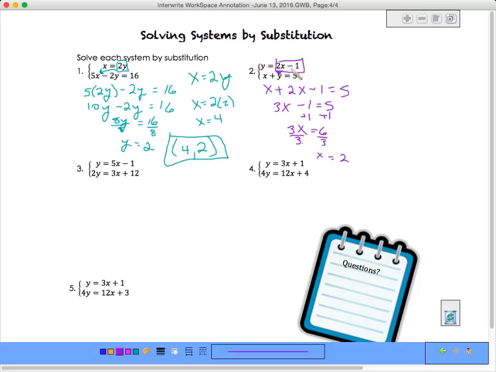And then I can plug that back into either equation. But the top one seems easier to solve for y. So where x is in this equation, instead of writing x, I now know x is 2. So 2 times 2 is 4, minus 1 is 3. Remember, x gets written first in an ordered pair, so we have (2, 3) is our solution.